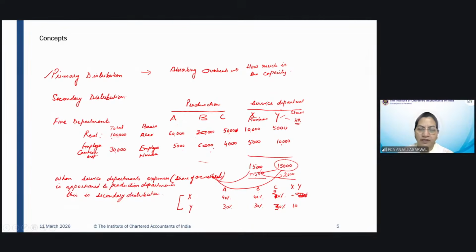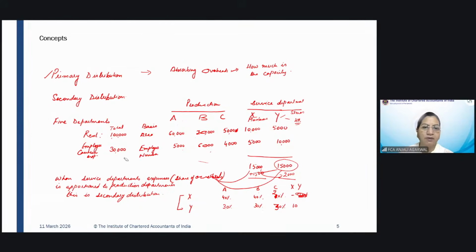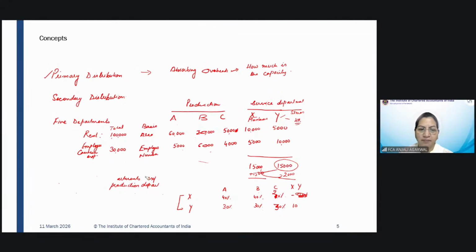So this is important that the benefit of a service department can go only to production department. In that case, things are simple. But the second thing is the benefit of the service departments can go to other service departments also. Then you have to see that there can be a step method. So this one was step method. Why?